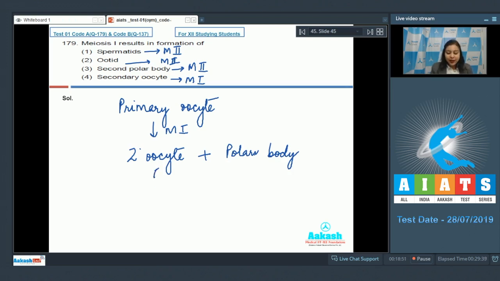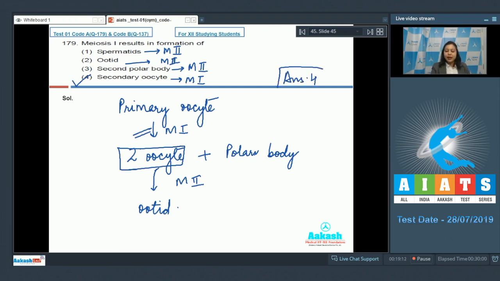So when secondary oocyte undergoes meiosis 2 and it completes meiosis 2 after the arrival of the sperm, it leads to the formation of ootid. So secondary oocyte is definitely the result of meiosis 1. So in this case our answer becomes option number 4, that is secondary oocyte. I hope we are clear with all the options, students. We will have to go through spermatogenesis and oogenesis.